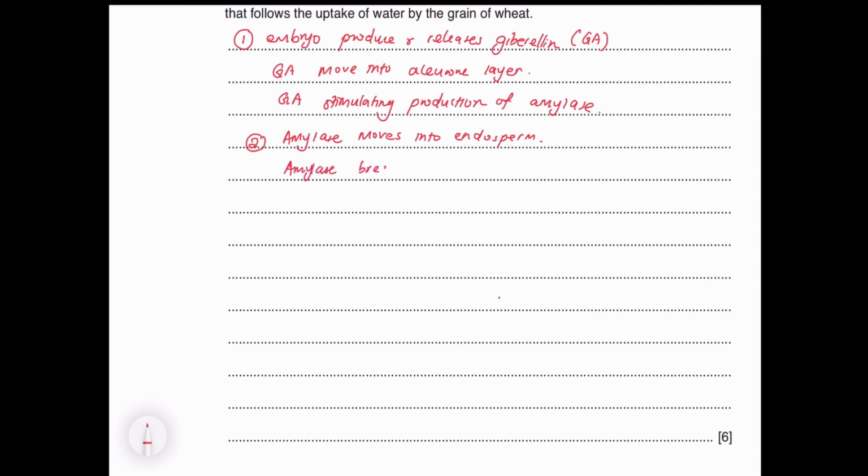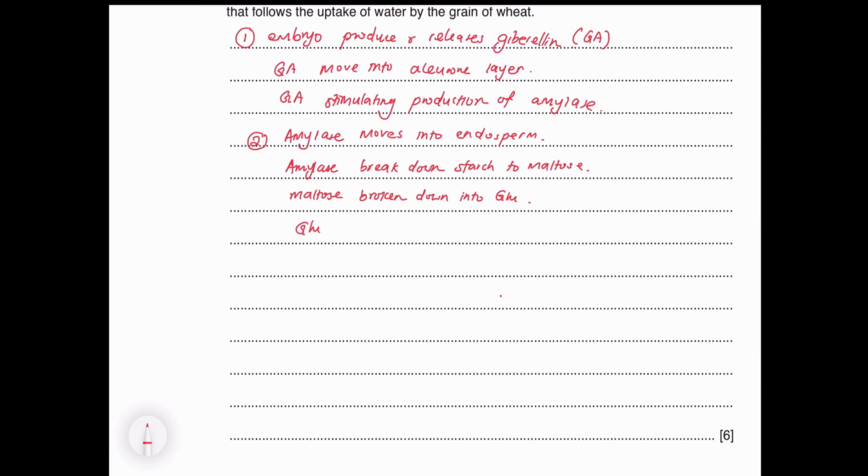What is the role of the amylase? Amylase will break down starch to maltose, and maltose is broken down into glucose, and glucose will move into the embryo.